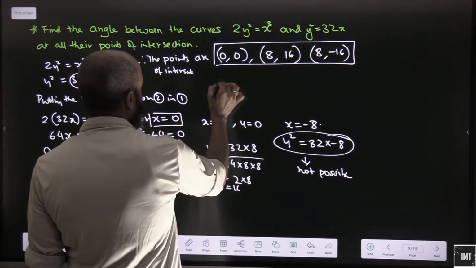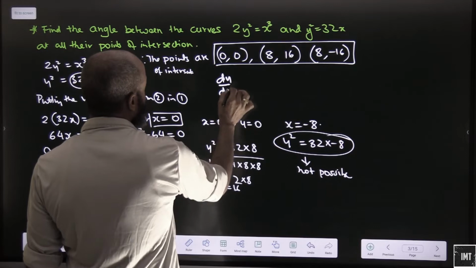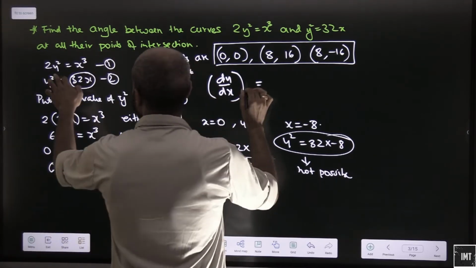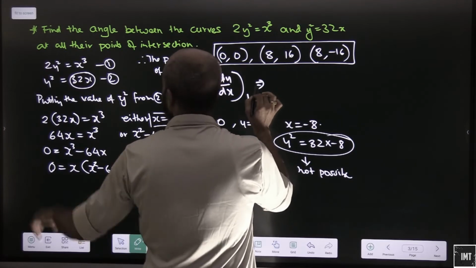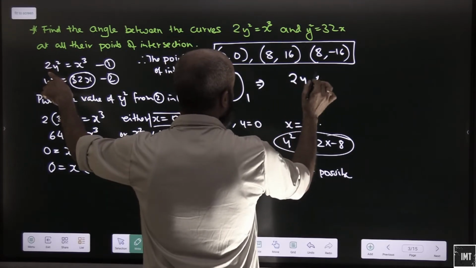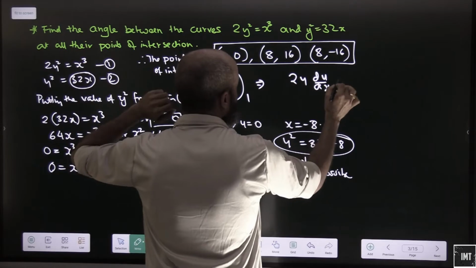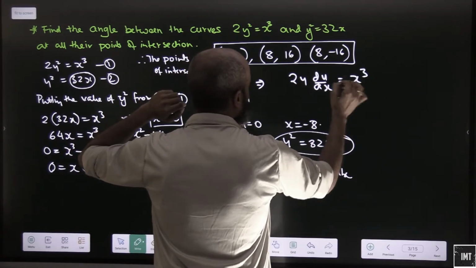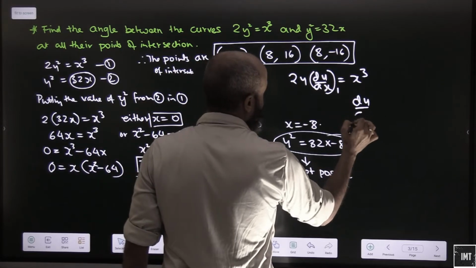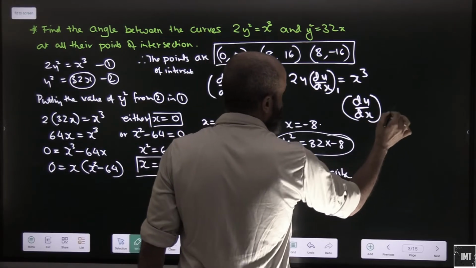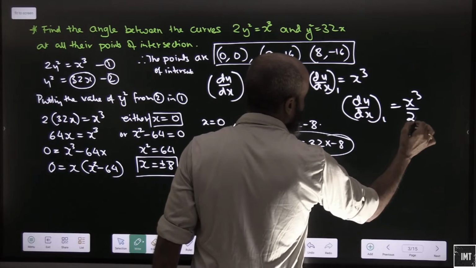So if we have dy by dx for the first one, what will this be? Here we can say that 2y dy by dx is equal to x cube, so dy by dx for the first one is equal to x cube by 2y.